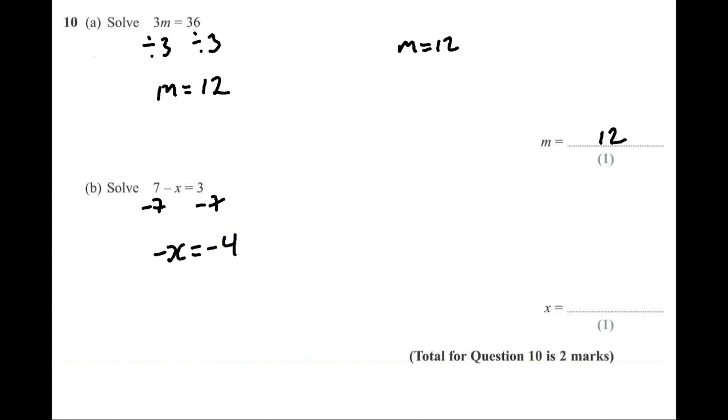I'm then going to divide both sides by negative 1, which will help me get a positive x. And what we're left with is x is equal to positive 4. So our final answer is x is equal to 4.